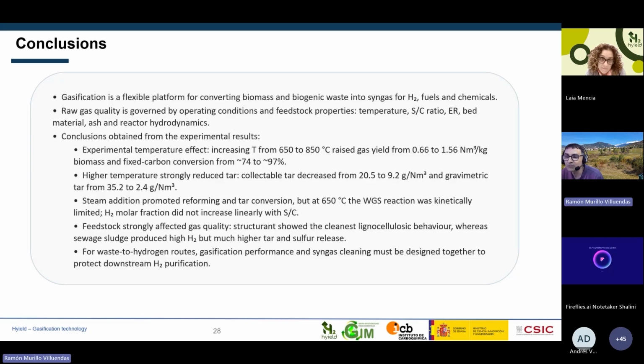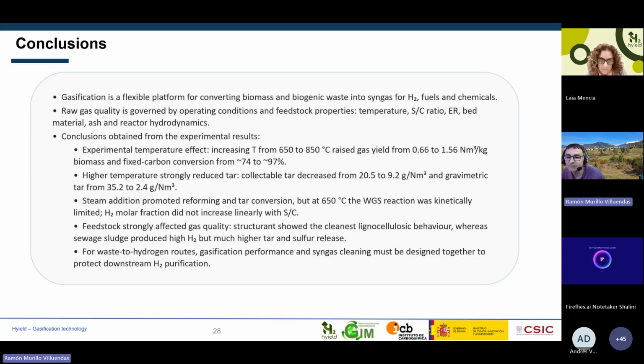From the experimental results, temperature was one of the most important variables. Increasing the temperature from 650 to 850 degrees Celsius, a clear increase in gas yield was observed, from 0.66 to 1.56 normal cubic meters per kilogram of biomass, and fixed carbon conversion from about 74 to 97%.